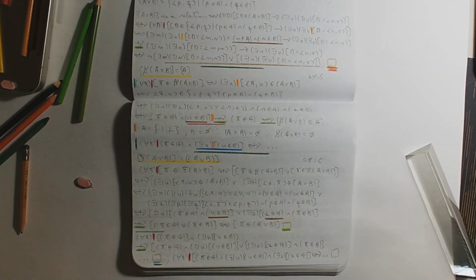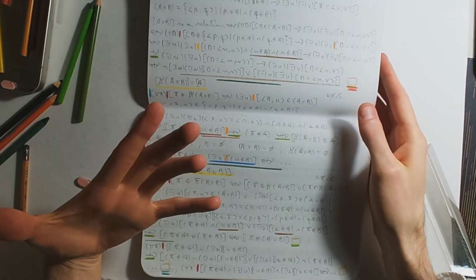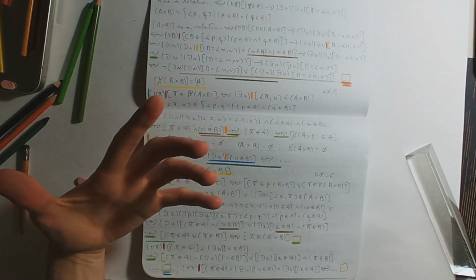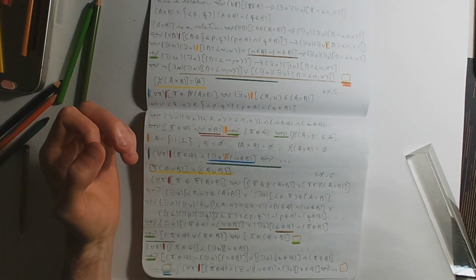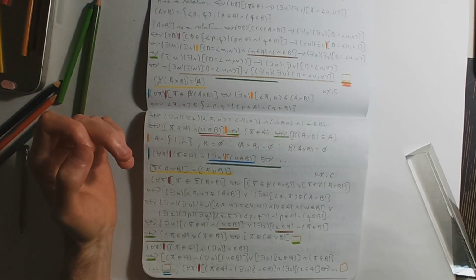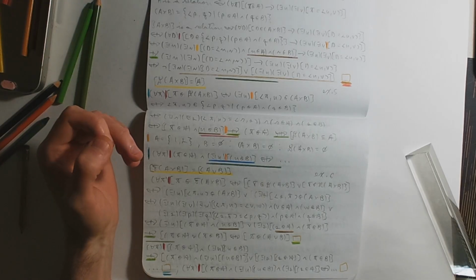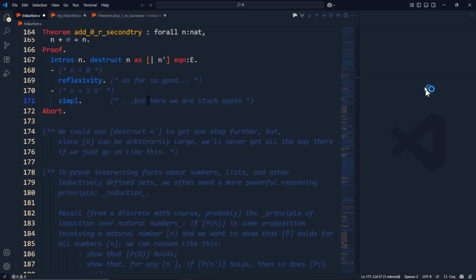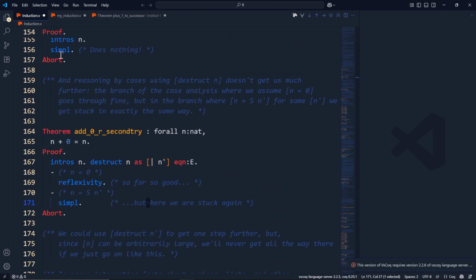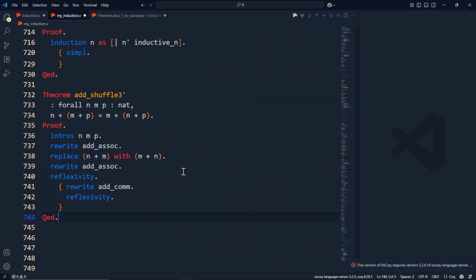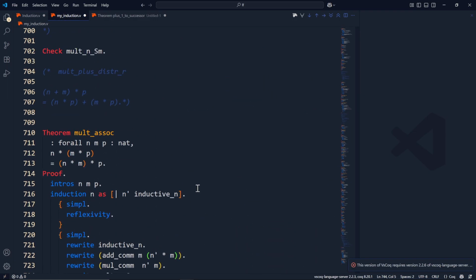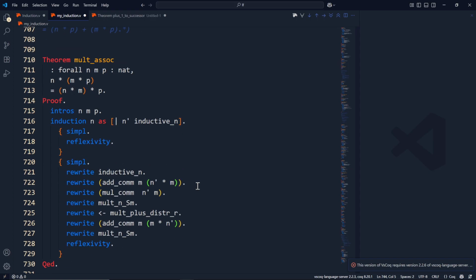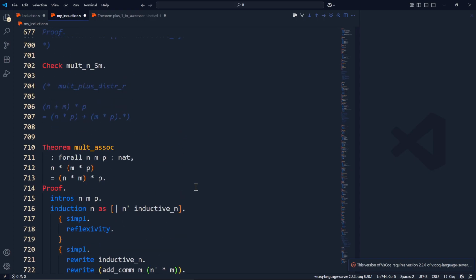All right. Yeah, I'm gonna get a blister if I keep going. So, let's look at what I've been doing in Raqqa. We've been proving theorems.